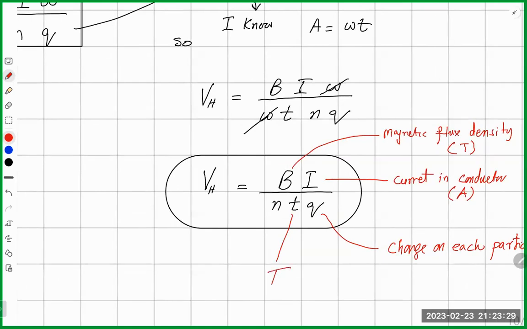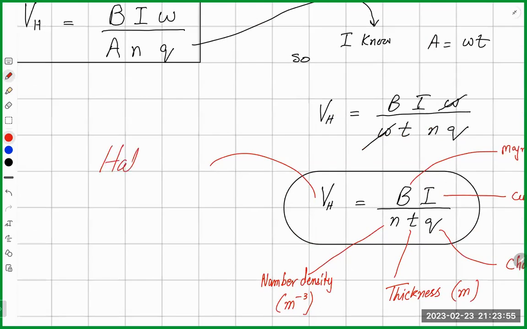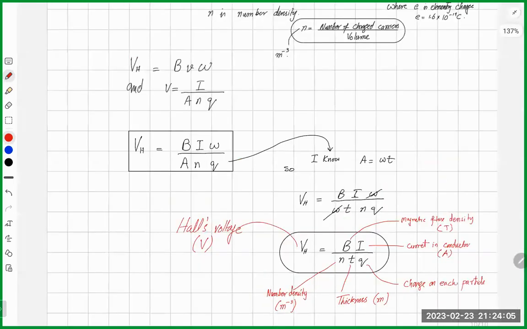T is not time, remember, it is thickness, and must be in meters. N is number density or charge density, and its unit is per meter cube. And this is Hall voltage, and its unit is volts. Any confusion?